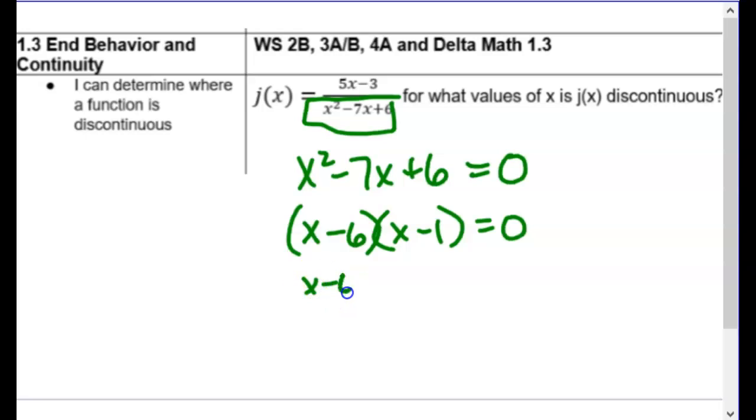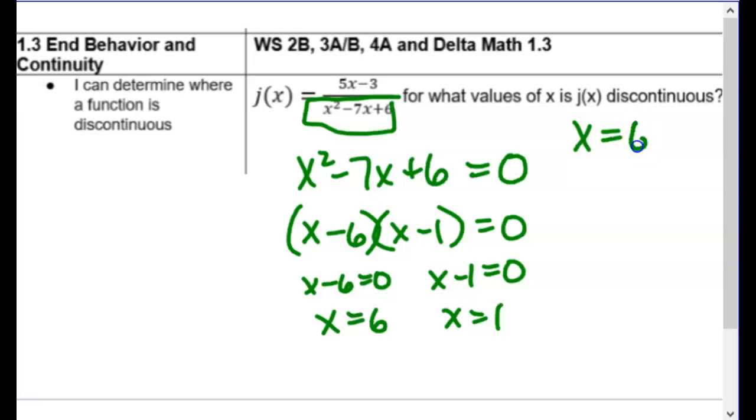So if I set this one equal to 0, I get 6. And if I set this one equal to 0, I get 1. So it says, for what values is it discontinuous? You would say when x equals 6 or 1. If you wrote x cannot equal 6 and x cannot equal 1, I would not count that wrong. You found the right values. But since it says discontinuous, it really wants to know which ones are the problems. So whatever. I'm not trying to trick you on that.